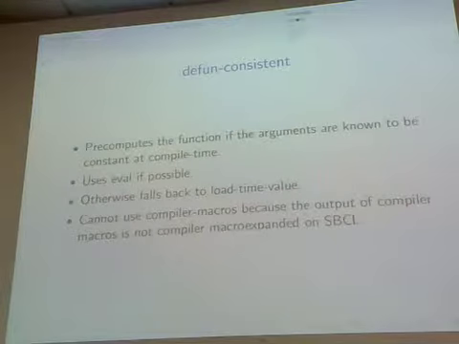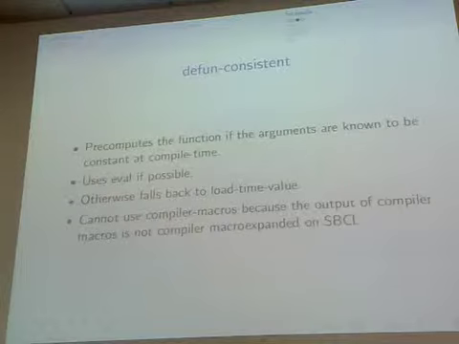I know someone else who did something similar, and they actually walk the output of their compiler macros, and compiler macro expand the output by themselves, because you can call compiler macro function if you like. But to do it properly requires a full code walker.